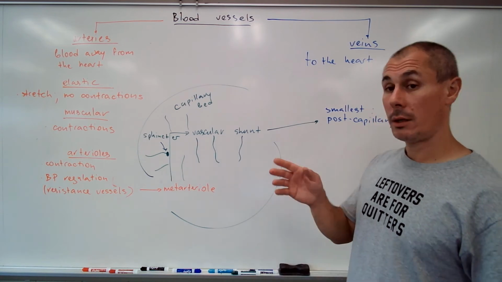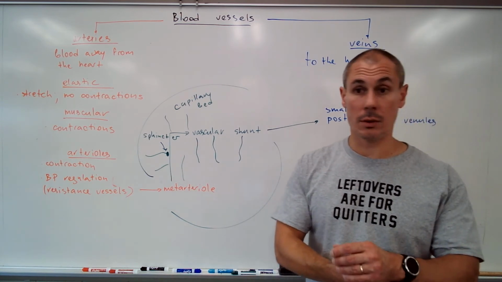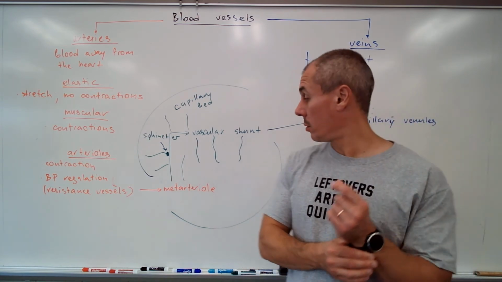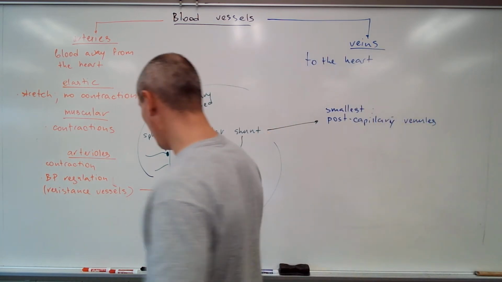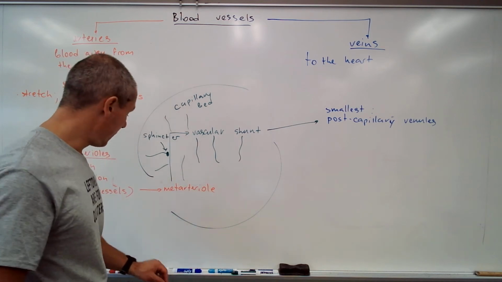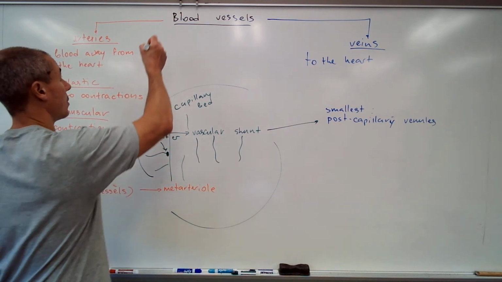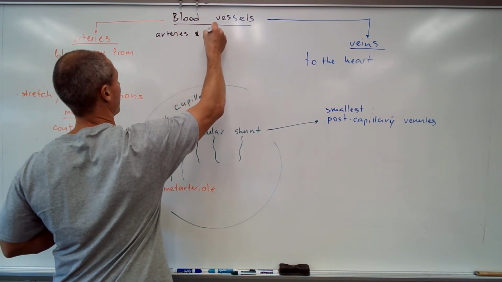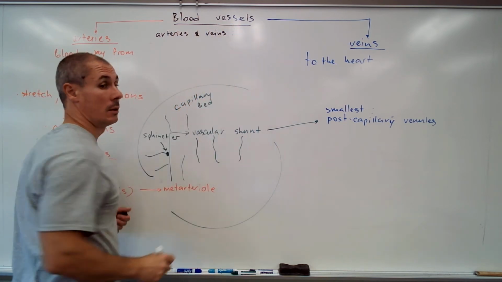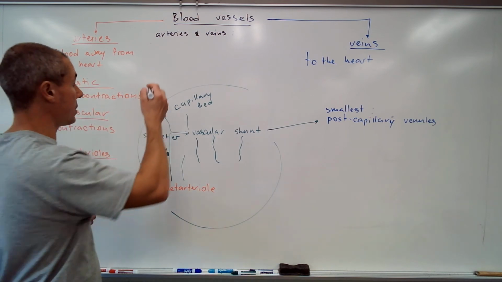Okay. Now, a couple of things about structural differences and types of capillaries. For arteries and veins, the structure is this. They have three tunics.